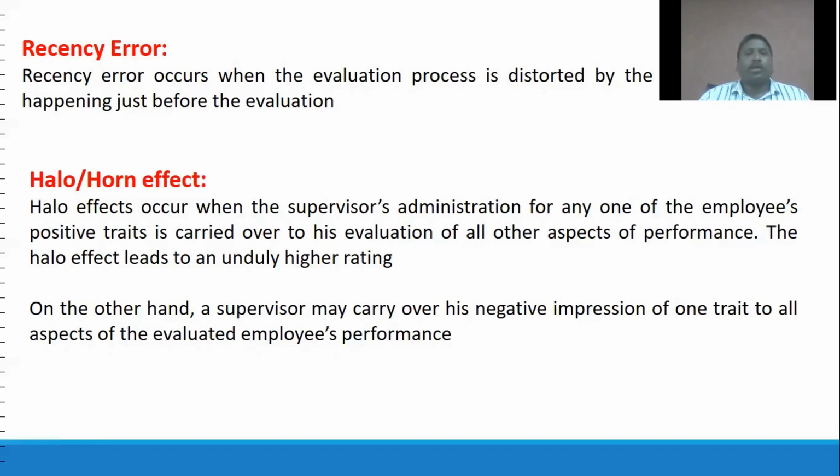So halo error says one positive trait is going to be considered to give an overall positive or high rating. One negative trait may carry over to give a highly negative rating to the employee's performance without actually evaluating the performance of the individual. So both halo error and horn error are very problematic in terms of employee performance evaluation.